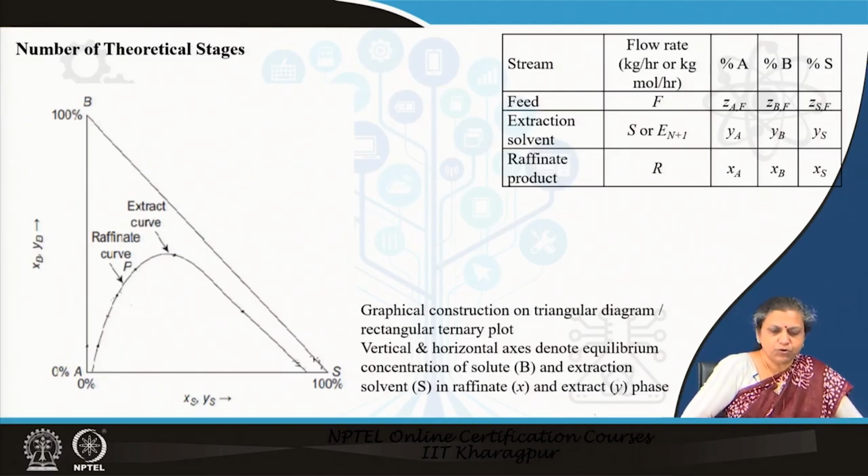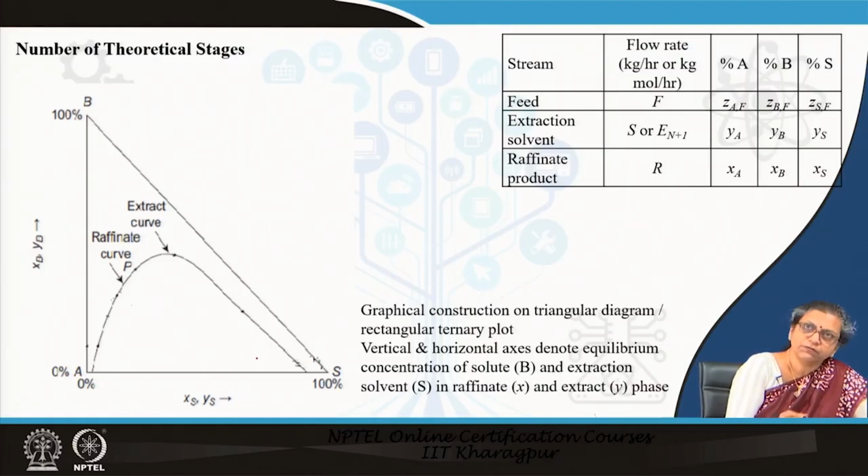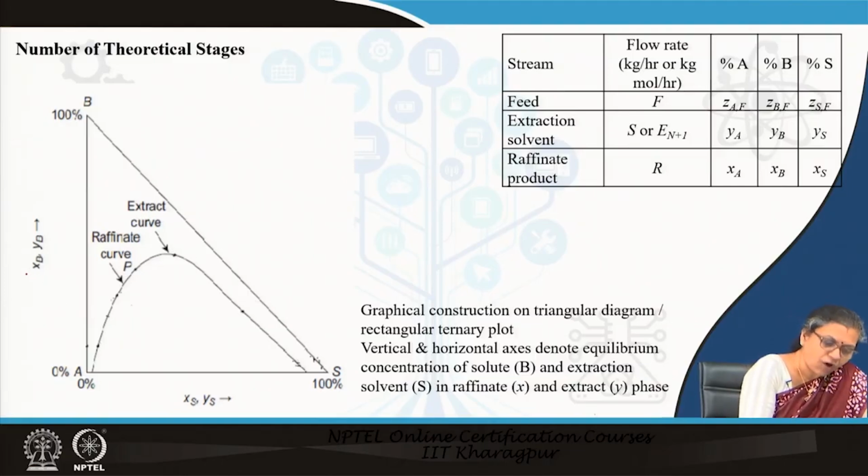So, mostly, as I have mentioned, for most of the cases we take a rectangular plot. What happens in this particular rectangular ternary plot? Whatever we have done, we can do the same thing on a triangular plot as well. In a rectangular plot, on the y axis, we plot the composition or the mole fraction of the solute in the raffinate, right, or the extract.